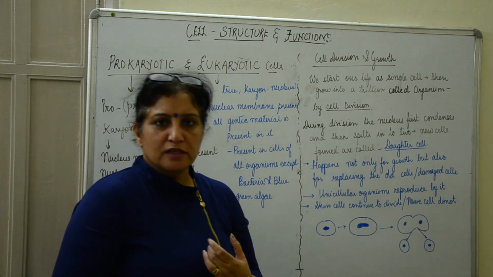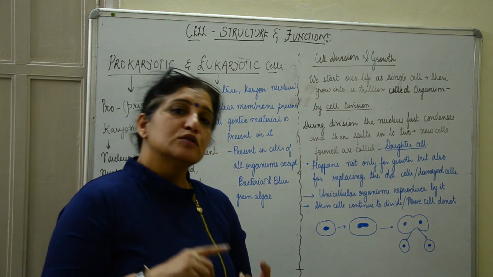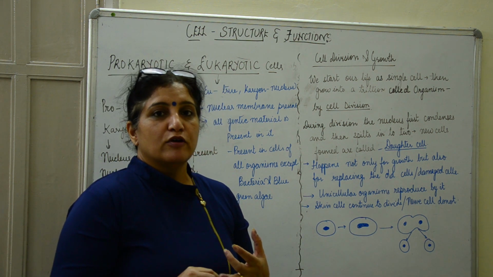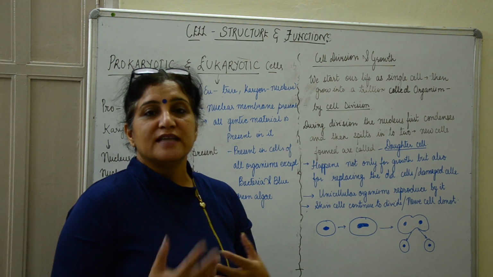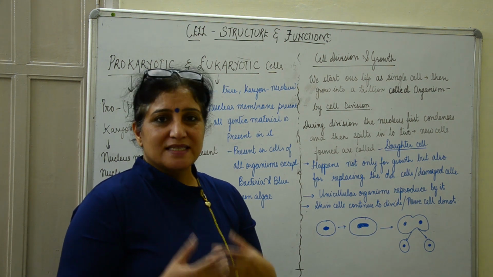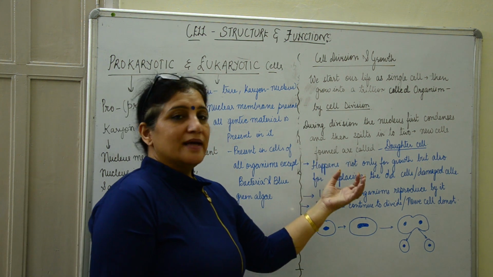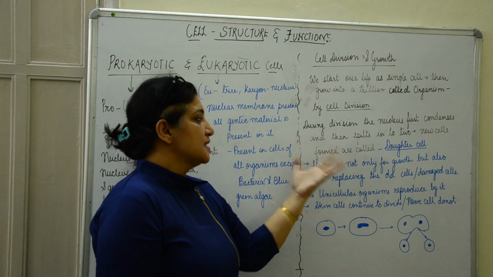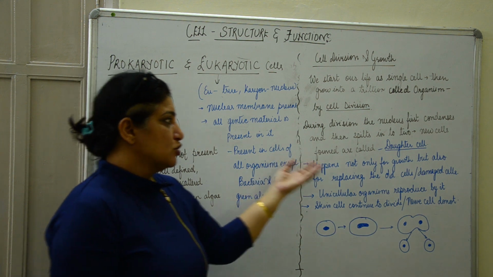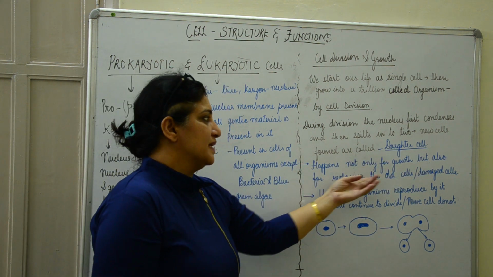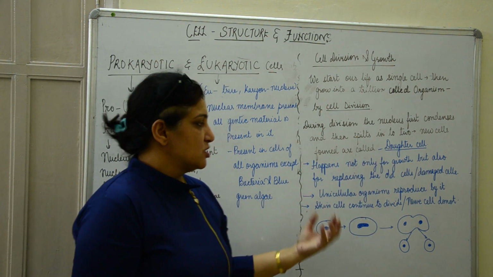It happens not only for the growth of an organism, it also helps for repair and to remove the damaged cells. So cells are constantly being damaged and new cells are being regenerated. And how is it happening? Because of cell division. So it is not only for growth but also for replacing the old cells or the damaged cells.